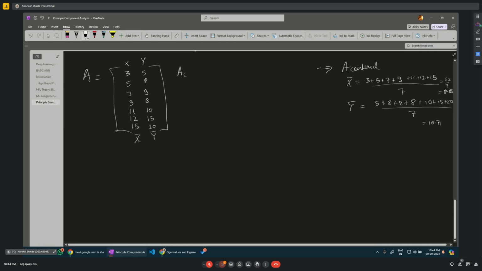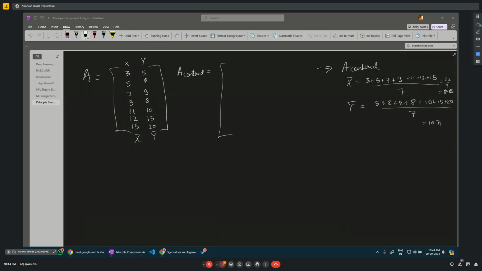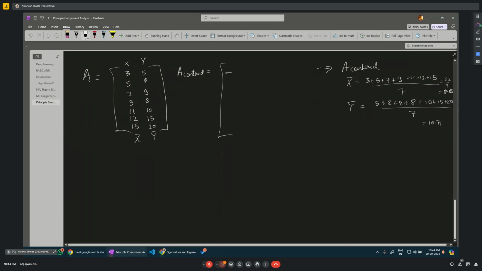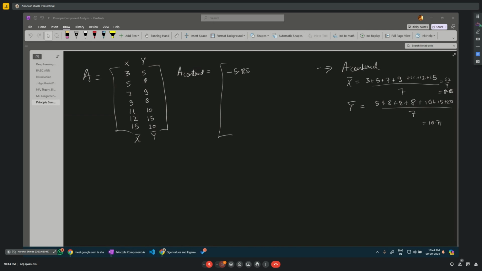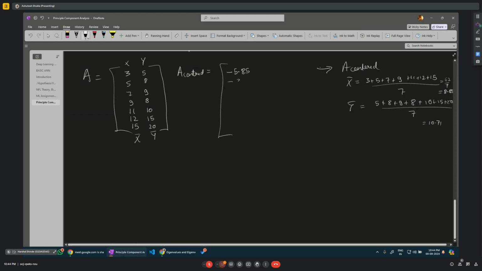This gets transformed into A centered equals to 3 minus 8.85. So, calculator. 3 minus 8.85 is minus 5.85. 5 minus 8.85 is minus 3.85. 7 minus 8.85.